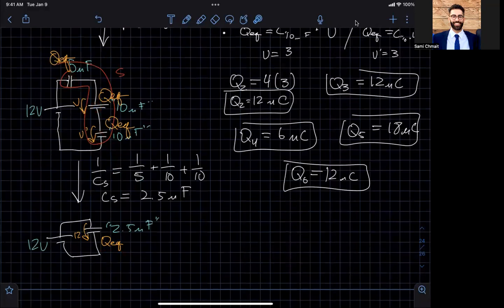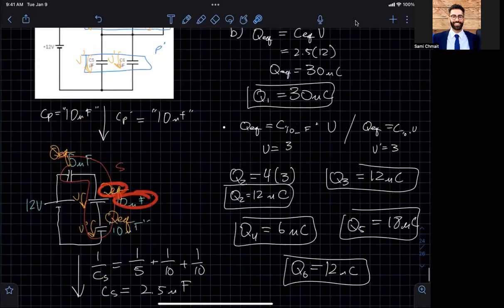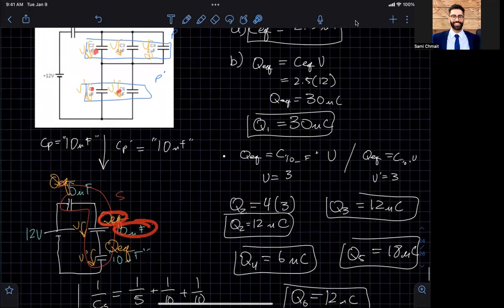So across each one of these, they all have the same charge because they all combined make up this one. With that understanding, we know the charge here, we know the capacitance here. To find more information relating to the charge at each of these capacitors, what we'll need to do is find the voltage drop at either. And then all capacitors which are in parallel have the same voltage drop, and that allows you to find all the rest of the charges. So it's kind of a stepwise backwards solution. All right, that's it.